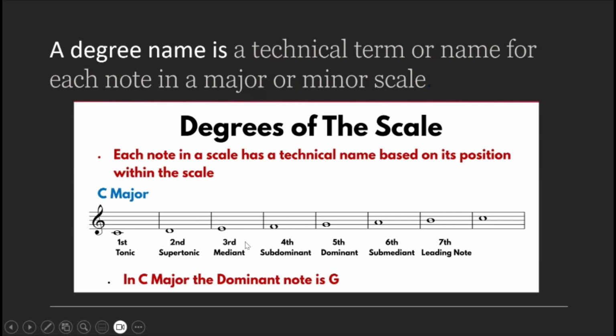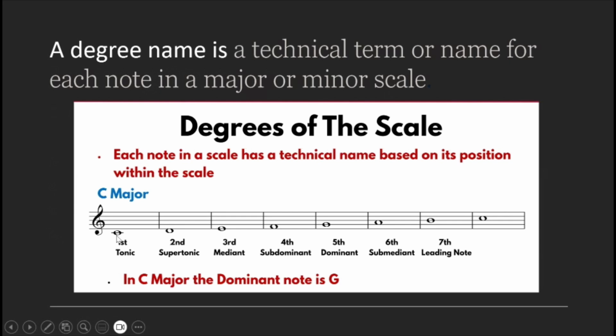Now, each of these notes, if we are to transcribe them into solfa notation, what will be the solfa notation of this first note? Can somebody give it to me? I need a quick response.